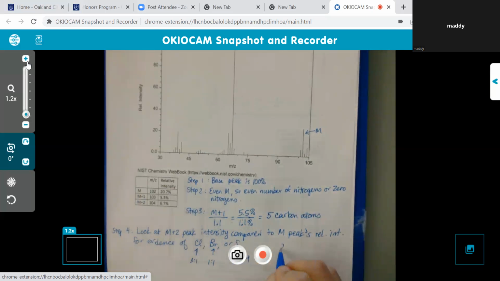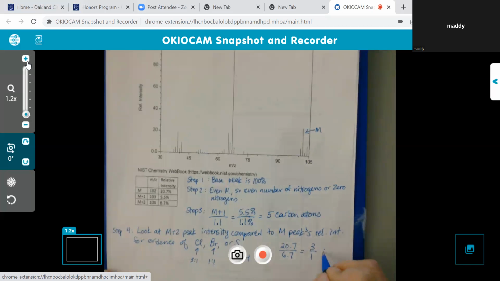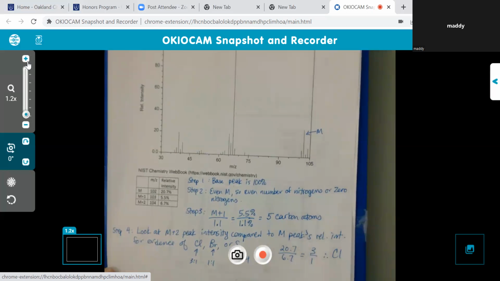So we have 20.7 divided by 6.7, and that equals a 3-to-1 ratio. So there's chlorine. Therefore, there's a chlorine present. Okay?